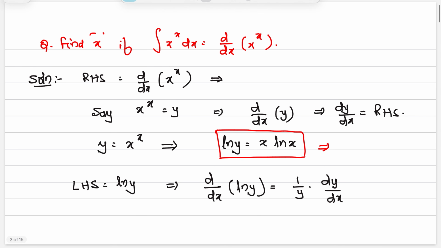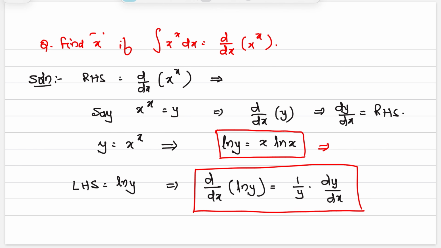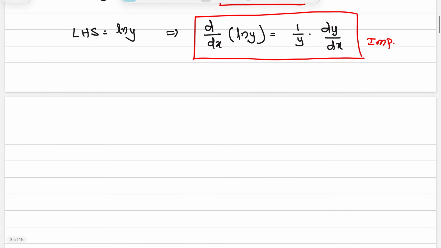Please try to understand, this is a very important concept. If you could not understand, please drop in the comment column. I will explain further. Now, left hand side we have got.